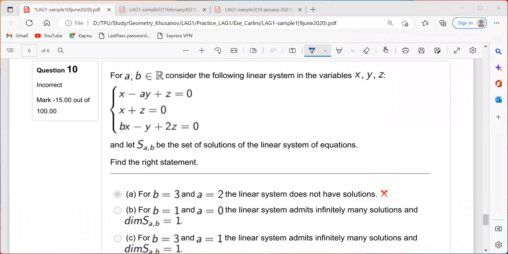Okay, so we have the matrix 1, minus A, minus A, 1. Yeah, so you see, this is just a homogeneous system of equations. A homogeneous system of equations always will have a solution. It may be a unique solution or infinitely many solutions.